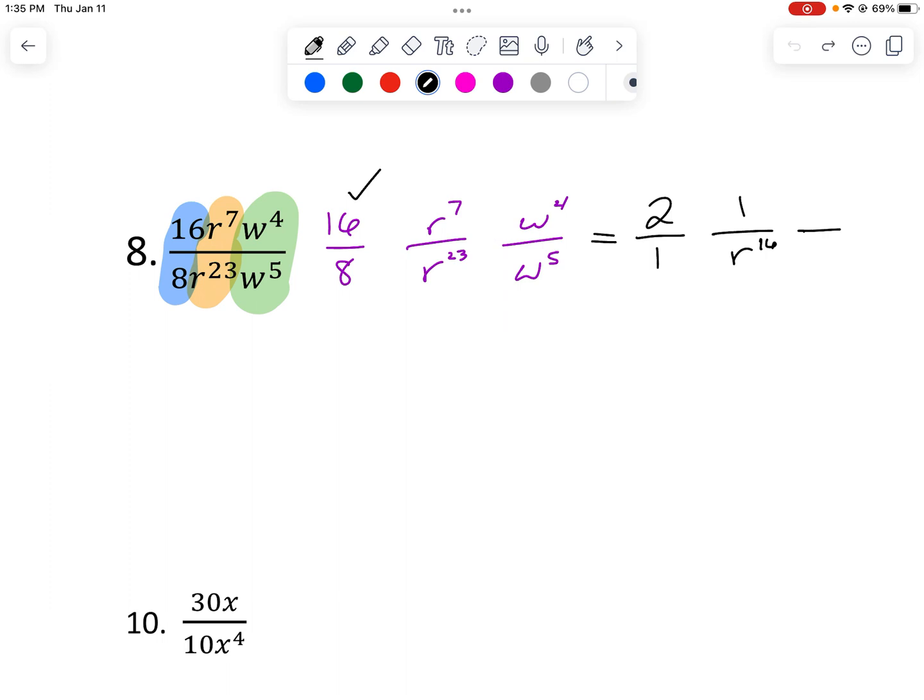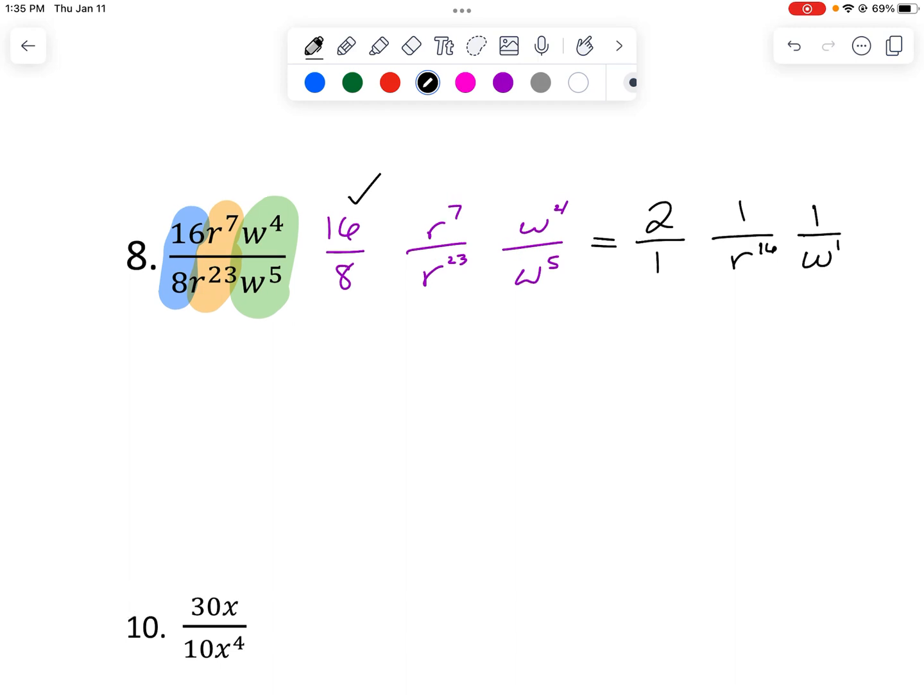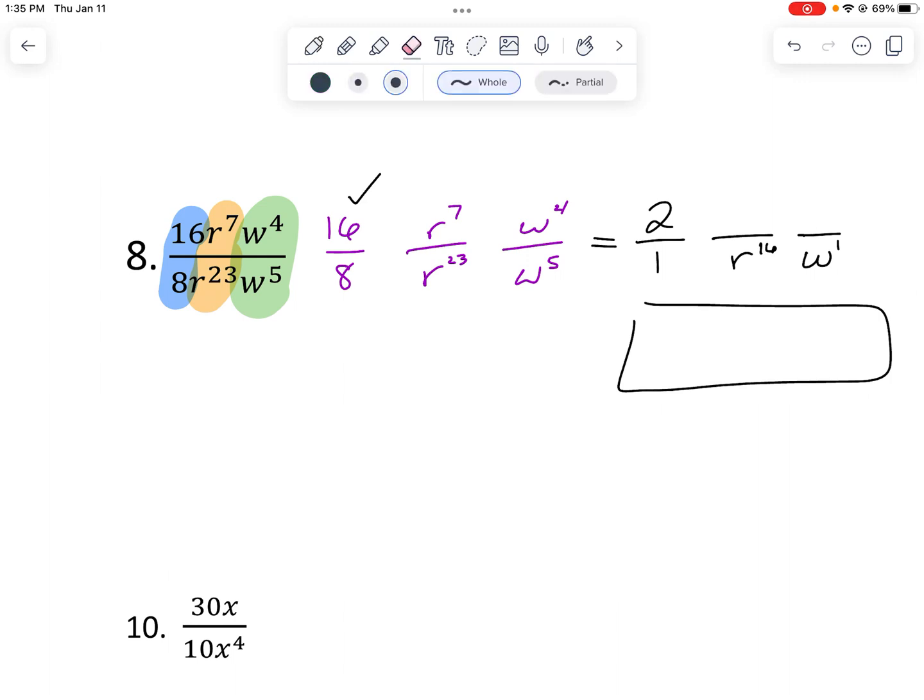W's, where do I have more W's? On the bottom in the denominator. 5 minus 4 is 1. So let me put these all together. I guess really you don't need the 1's, right? The only thing that's really up top in the numerator is 2.